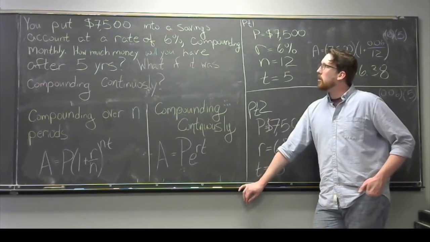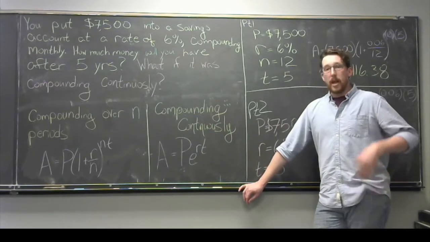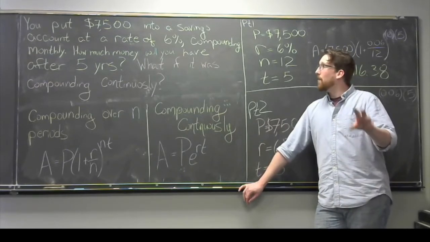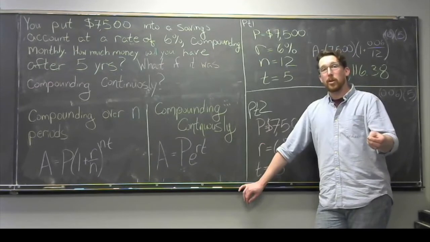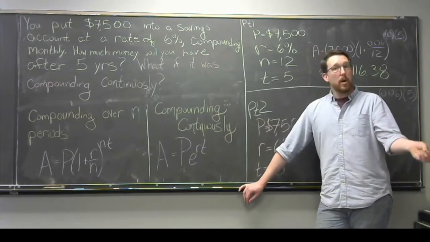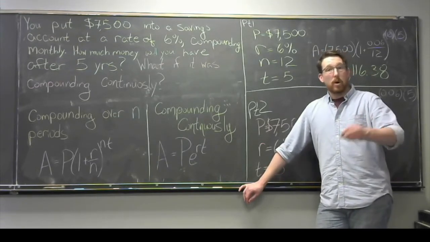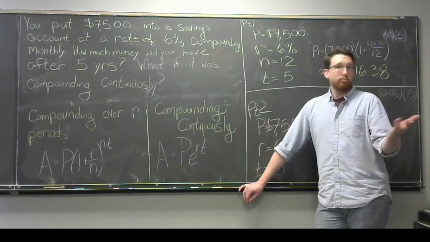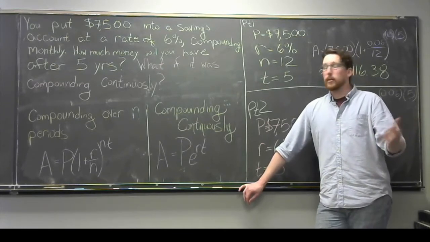All right, so looking at this problem, tackling the first part, if it's compounding monthly, then our period should be 12, because there are 12 months in a year, so n must be equal to 12.